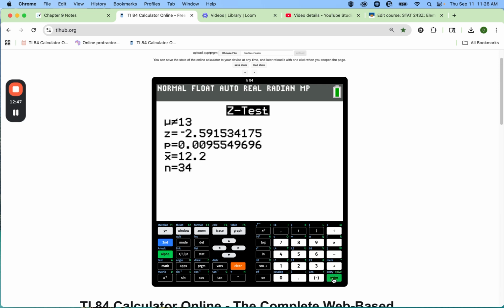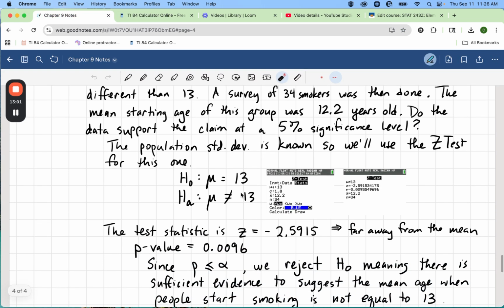And there we go. We have our z value. That is the test statistic in this one, okay? The negative 2.59. Our p-value is 0.0096. So let's go back here. 0.0096 is the p-value.